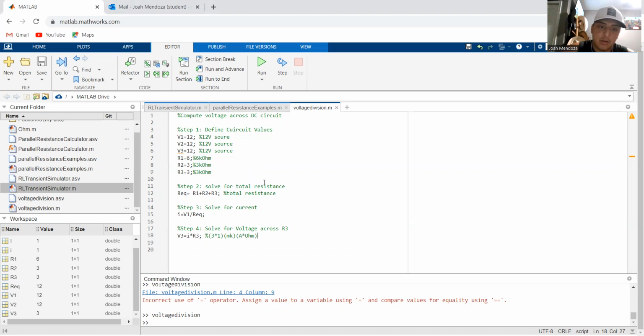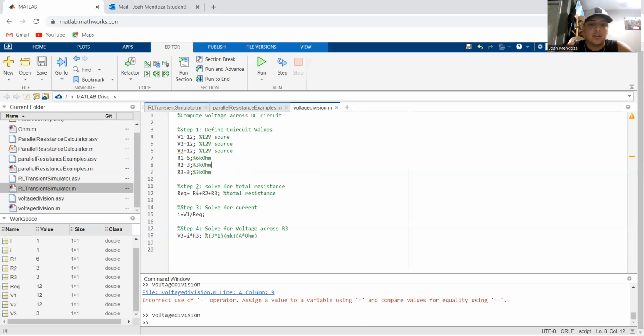This doesn't show the spread out value of the 6K ohms in here. I wasn't sure if I should put 6,000 and 3,000 and 3,000, and just put percent 3 ohms. I didn't know if I should do that or not, but it worked easier this way. So this is what I did.